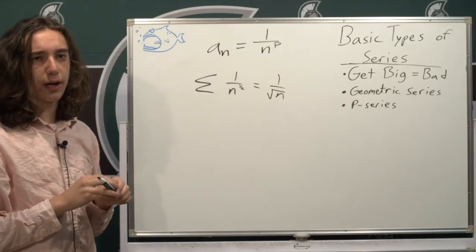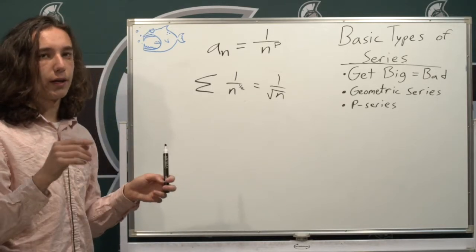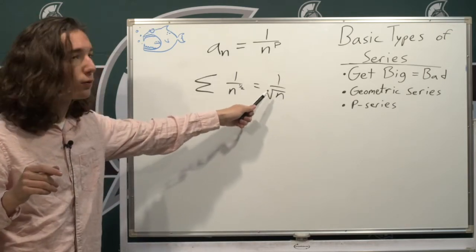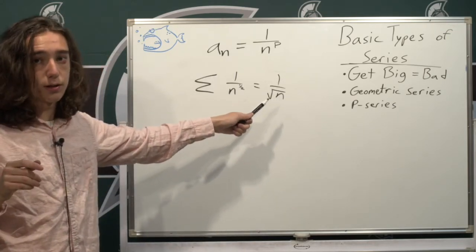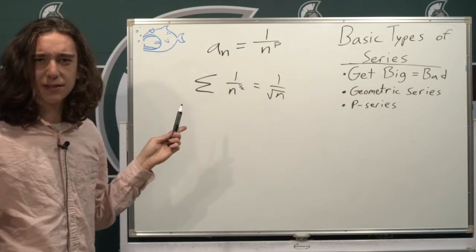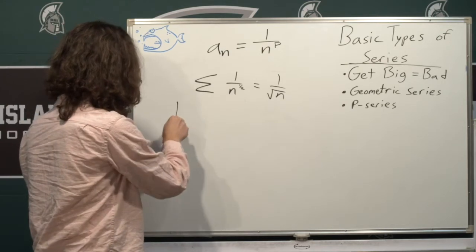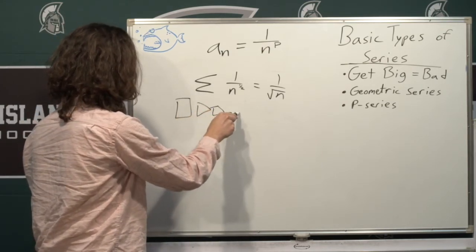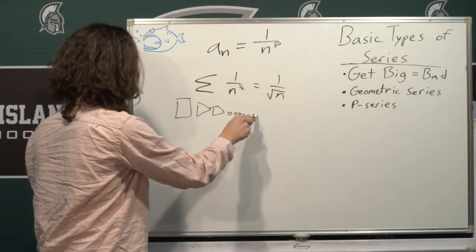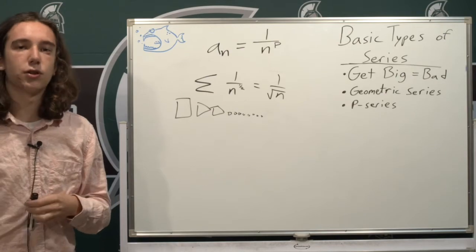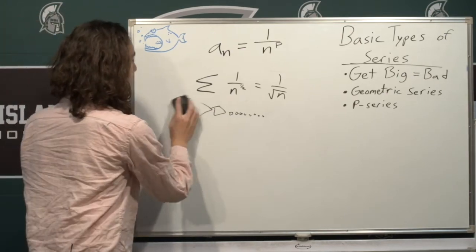This is one of those cases where even though the limit of the sequence, 1 over the square root of infinity, is 0, when you add it all up, they don't get small fast enough. Like when we're adding up these boxes, the boxes are still of significant size for a very long time. And so it doesn't actually converge on a finite sum.